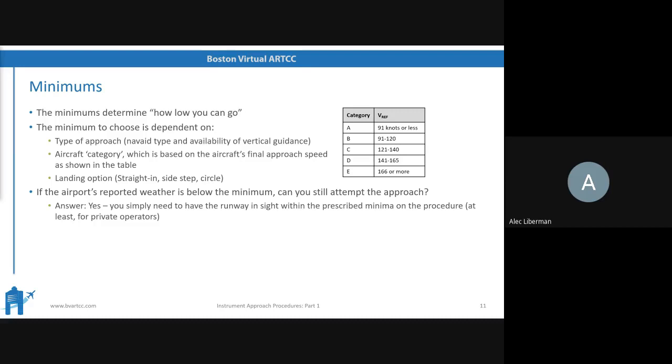It gets different at the airline or air carrier level, where you do need the airport advertising certain minimums or certain weather above minimums before you can attempt the approach. But for the private operator, you don't care what the airport is advertising. You can legally shoot the approach anyway. Whether or not that's a smart idea is a different story, but it's legal.